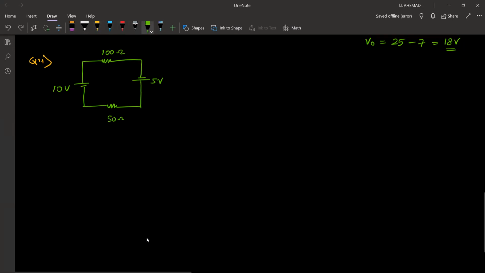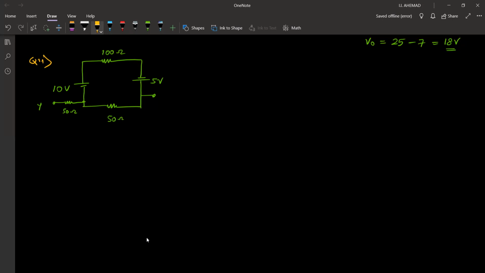So in question number 11, again we have to find the potential across xy. The first thing you have to understand is, although we have a resistor here, it is not going to work because there is no current flow. Current cannot flow through this resistor because even if it enters, it doesn't have any place to leave.